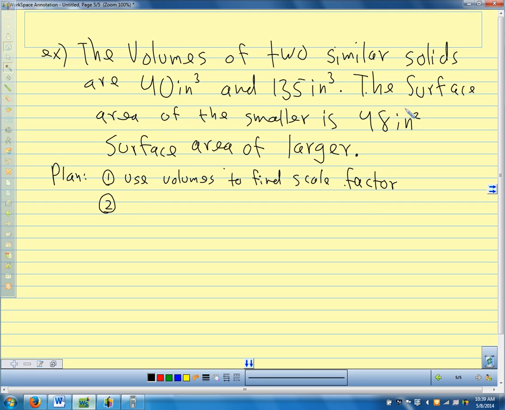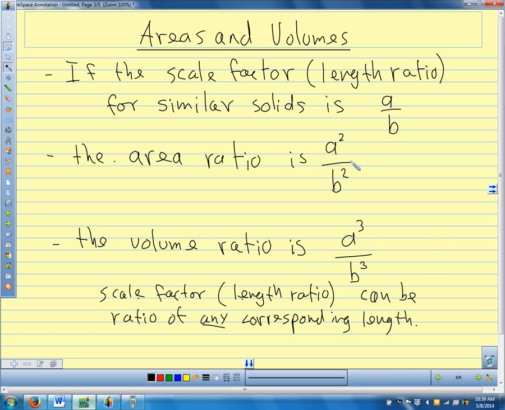The problem asks us about the surface area, so we use the scale factor. What can we do from the scale factor to have something to do with the areas? Let's go back here. If we have the scale factor, we can square it to find the area ratio.